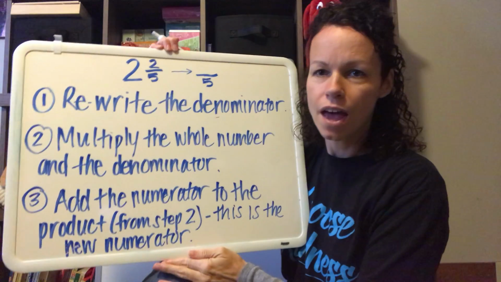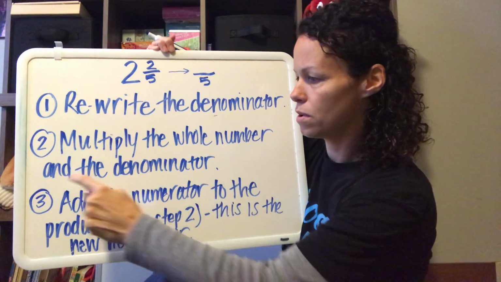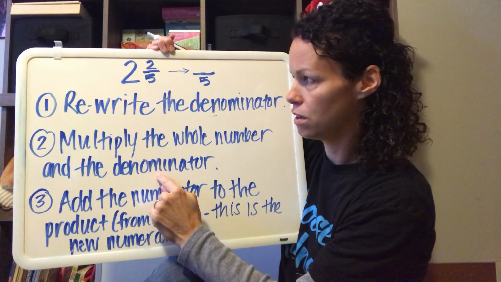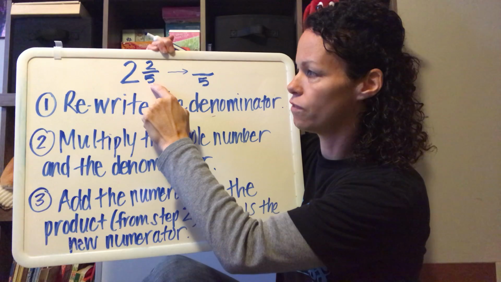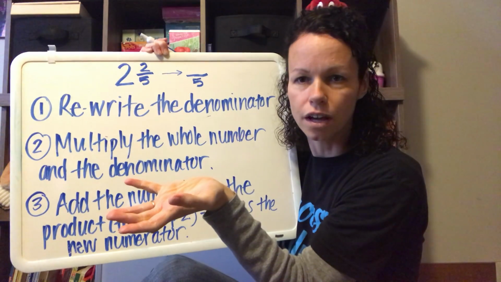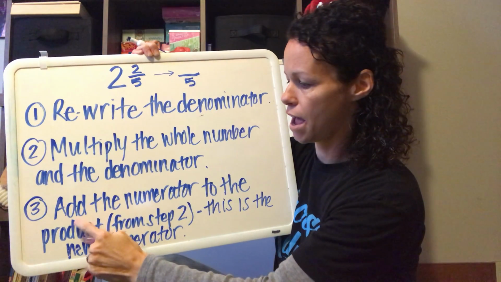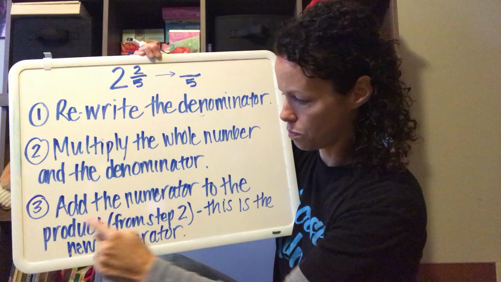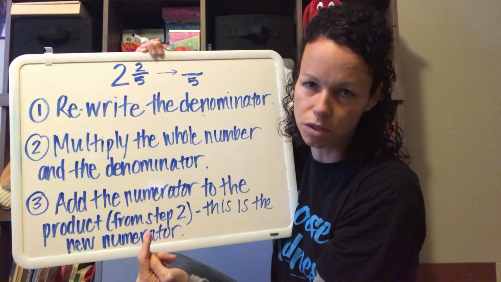The next step is we're going to multiply the whole number and the denominator. Right here, my whole number is 2, my denominator is 5. So we multiply those, which is 10. 2 times 5 is 10. We're not done yet, we have to go to step 3. Step 3 says to add the numerator to the product from step 2. The product is the answer to the multiplication problem.